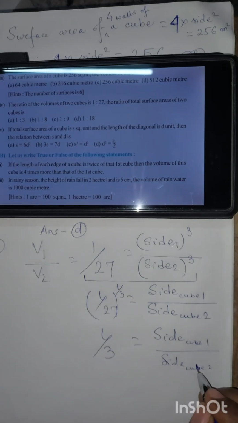Now we are asked to find out the ratio of total surface area of two cubes.